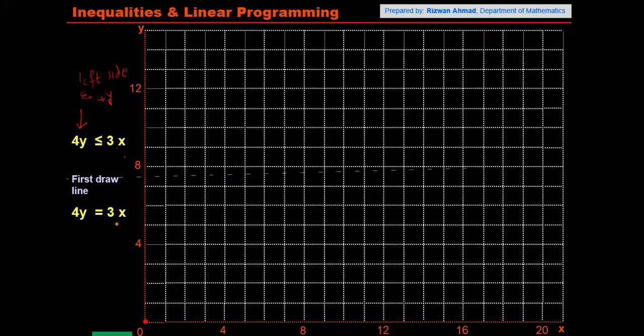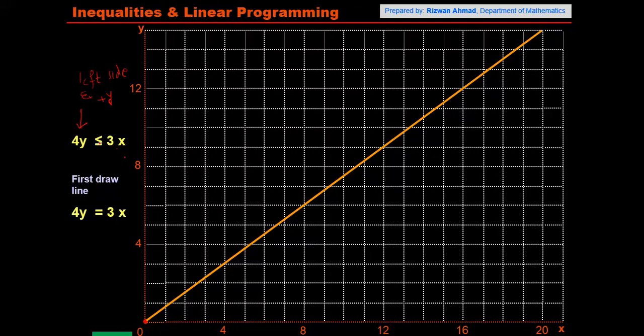So it means that this will be the line. In a separate video you will see how to draw the straight lines. So this is the line which is satisfying this. Okay, so at x is equal to 4, see it is 3, and at x is equal to 8 it is 6, and so on.